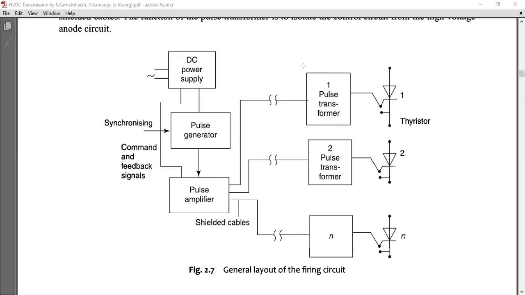The function of the pulse transformer is to isolate the low power circuit from the high voltage anode circuit, since the anode side deals with high voltage circuits, while the gate side has only low power applications.